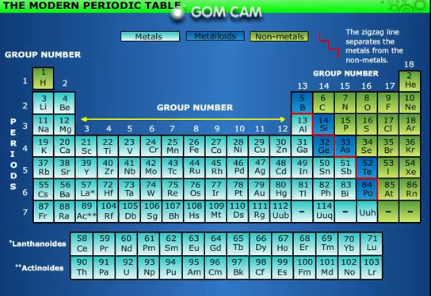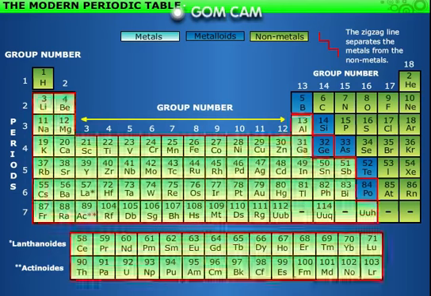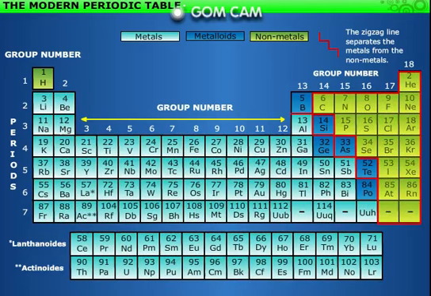The position of an element in the periodic table tells us about its chemical reactivity. In the modern periodic table, the elements have been roughly divided into metals and non-metals. The elements on the left side of the periodic table are metals, whereas those on the right are non-metals.